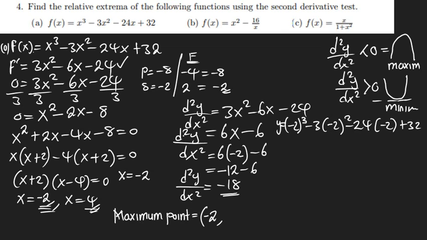Now let's check what we are going to get. This is giving us y equal to 60. So the maximum point is at negative 2 comma 60. Simple. That's how you solve this.